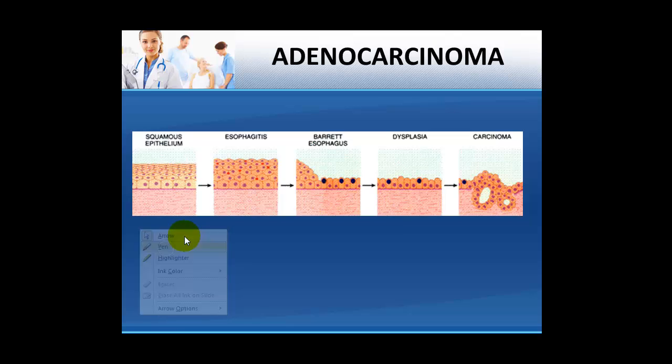There should be a lot of mutations which should actually occur during these areas, which may involve TP53, which is also called P53. There should be multiple mutations which keep on accumulating as things move from Barrett esophagus to dysplasia, from dysplasia to a carcinoma, which is an adenocarcinoma.